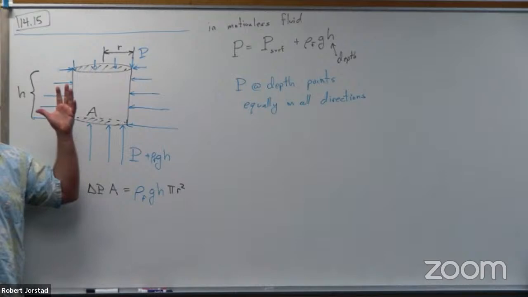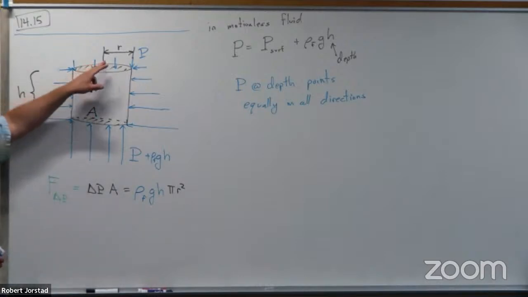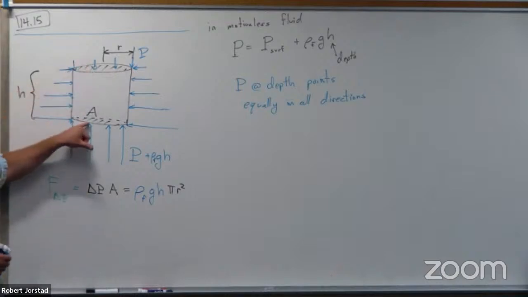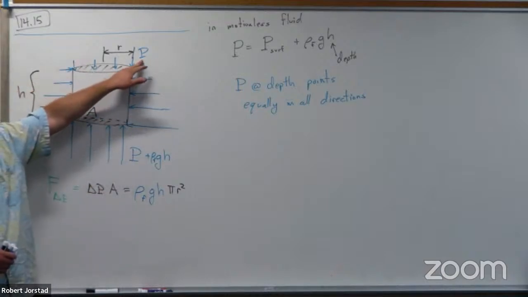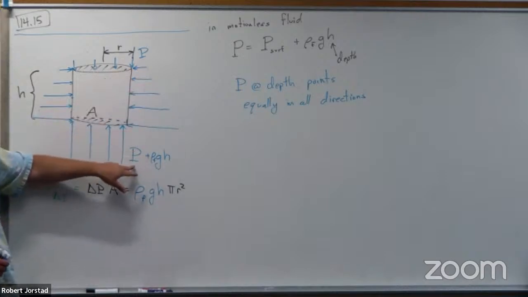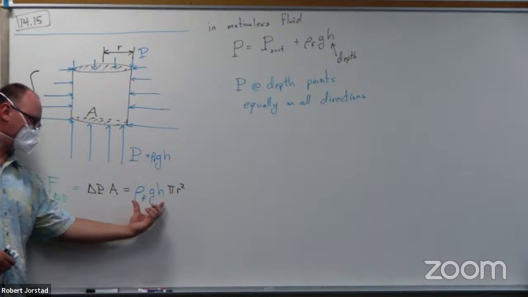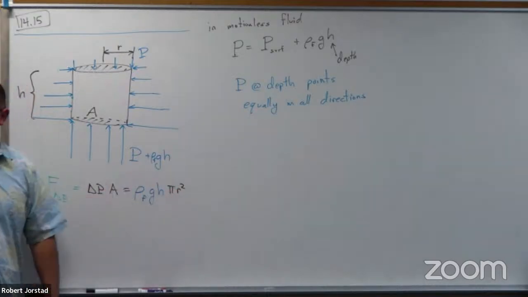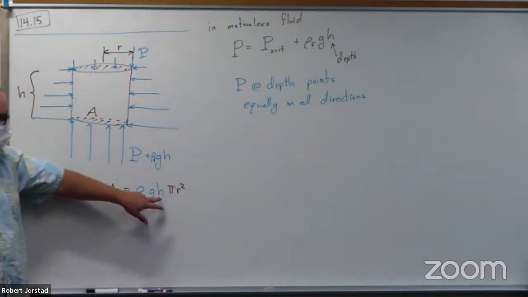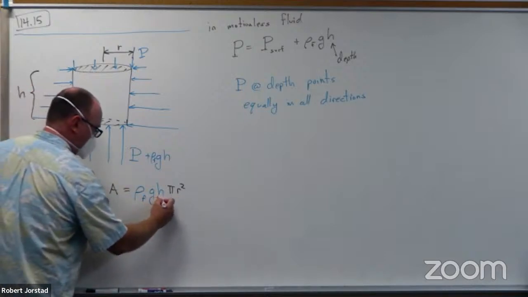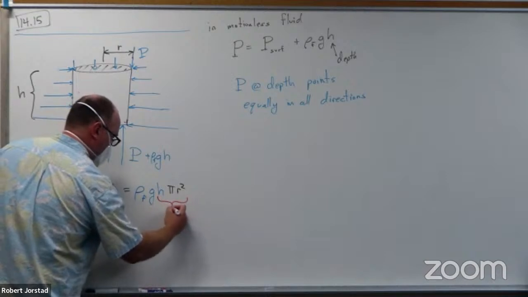So the only area that's going to have a net force on it is due to the top versus the bottom. And there's a pressure difference between the top and the bottom. The top is at some pressure P. The bottom is at some pressure P plus rho gh. So the pressure difference is rho gh. The area is this. Wait a minute. What's pi r squared h? Of the cylinder.